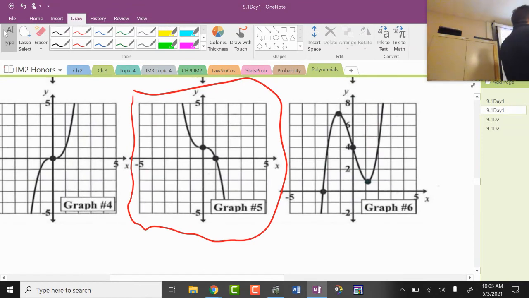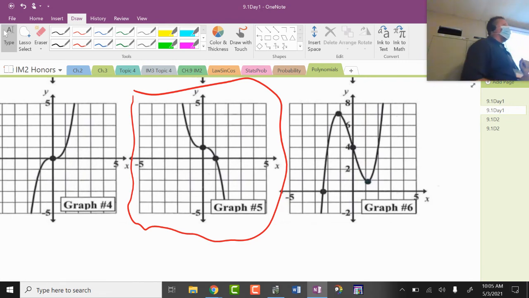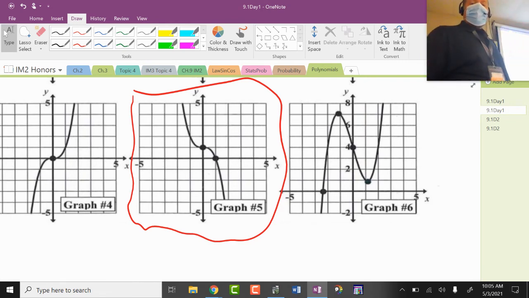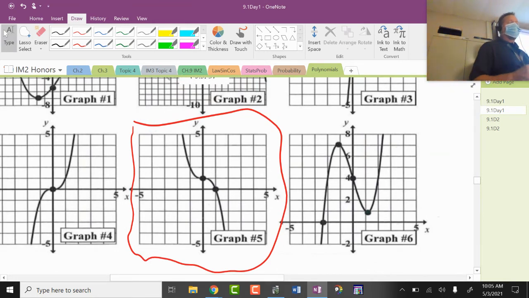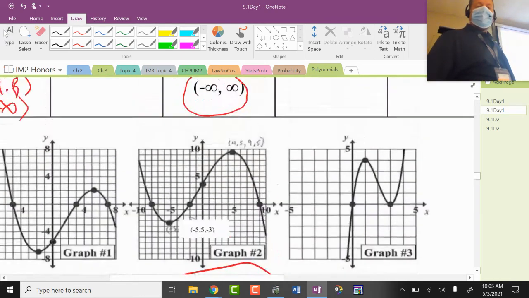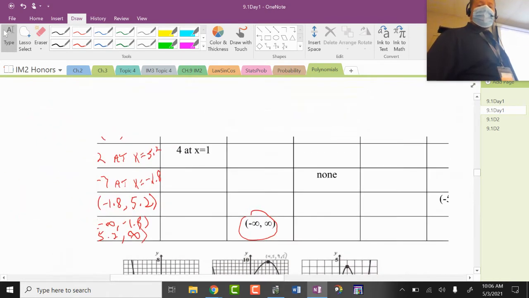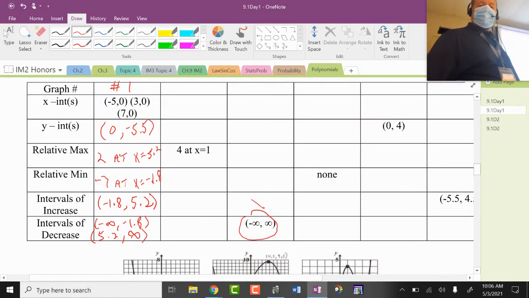There's just a little flattening out, but that does mean the graph continues to decrease after that flattening out point. That's called a point of inflection, by the way, right there. Right, and that makes it different than a linear function. You know, these x to the thirds that have that. So what's easy about this is there is no interval of increase or decrease. Well, I'm sorry, there is no interval of increase.